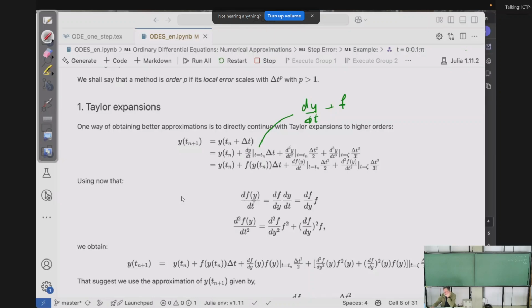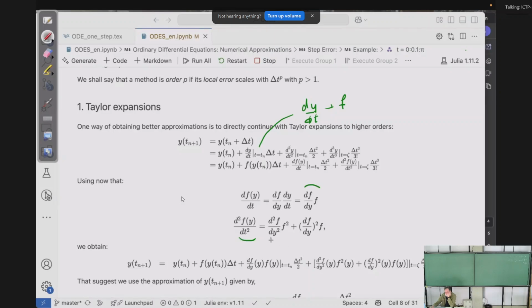Well, I did it here. We have this derivative here of f also, so you use the chain rule. When you have this derivative, you derive with respect to y times the time derivative, and here you substitute this by f and you get this term. And if you take the second derivative and do the same, you get these two terms.